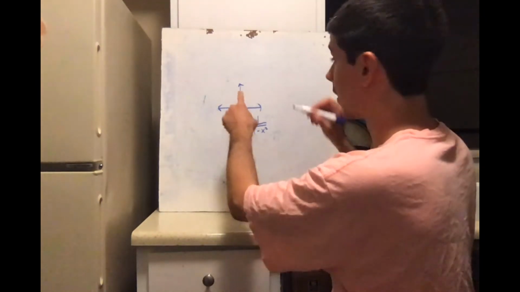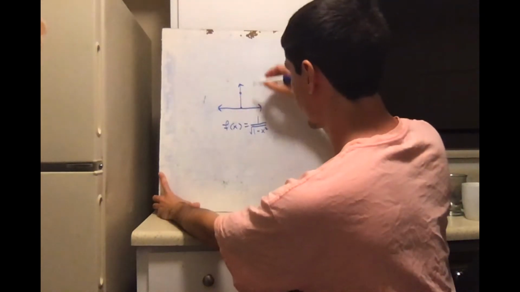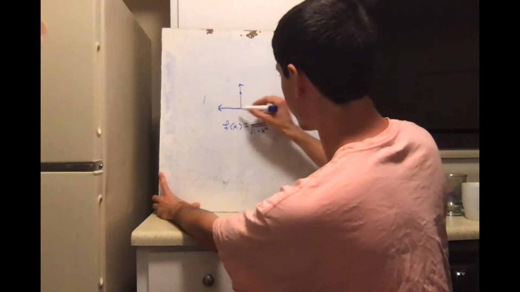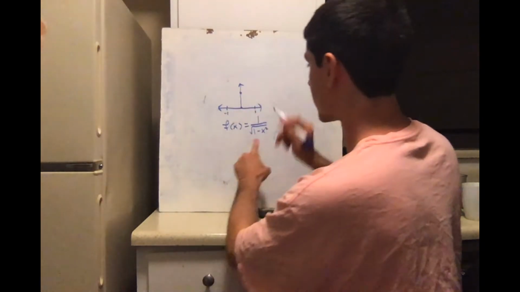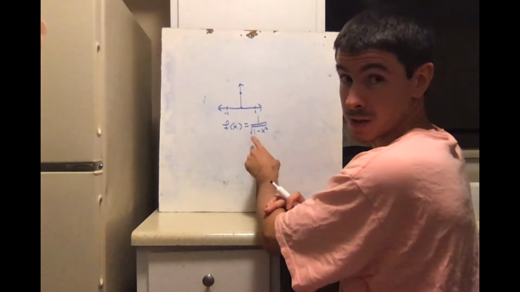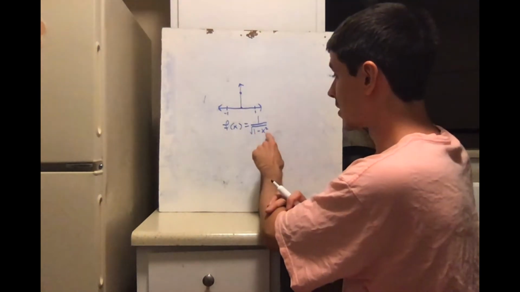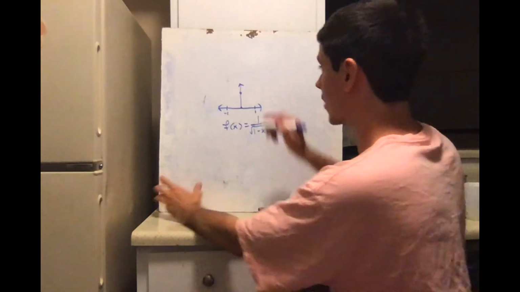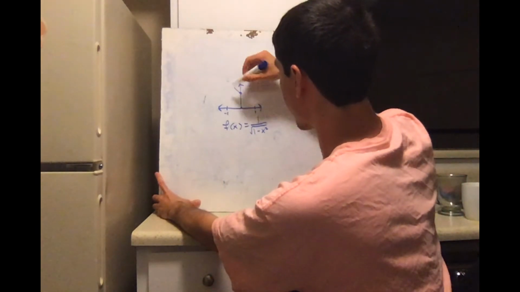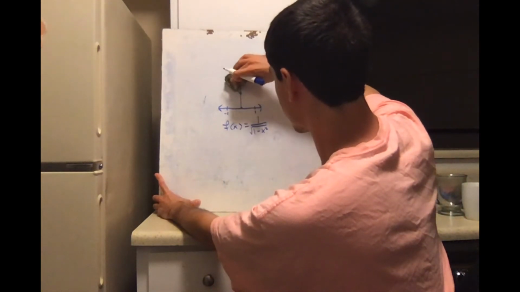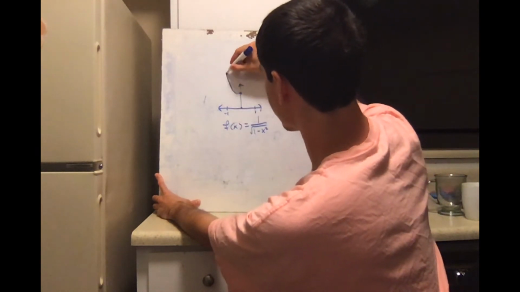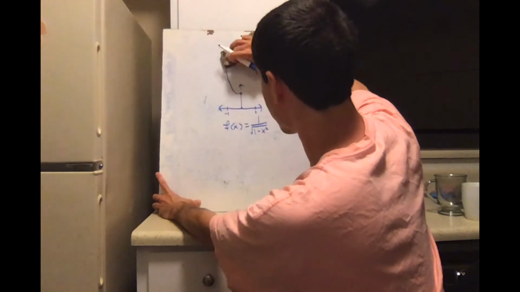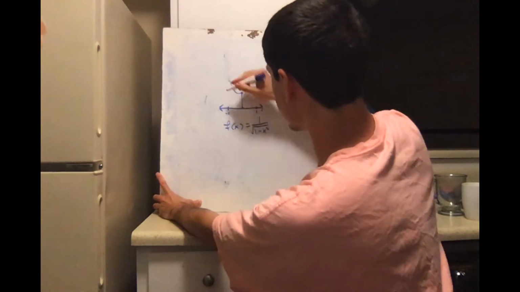This function at 0 is 1, and then over here this is negative 1, this is 1. It goes to infinity as x squared goes to 1, because then the denominator goes to 0. So as x goes to 1 or negative 1, it goes to infinity, and so we have asymptotes here.